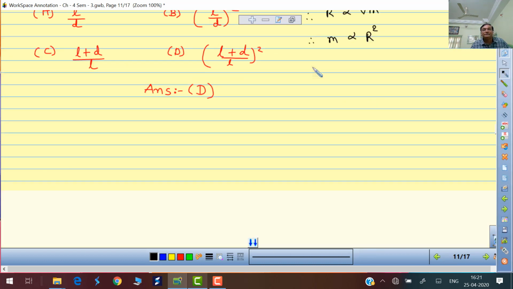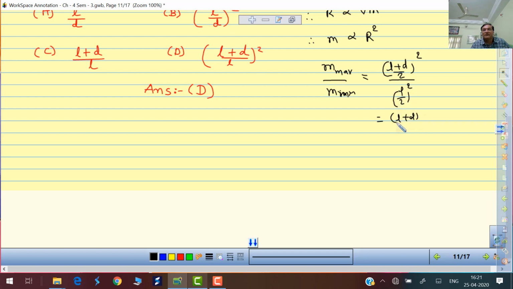So I write m maximum upon m minimum. Now you know this method, how to take the ratio. So m maximum is (l plus d by 2) square upon l square. So 2 is cancelled out, so we get (l plus d) square upon l square.